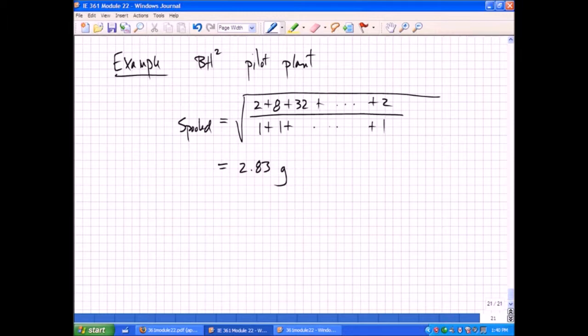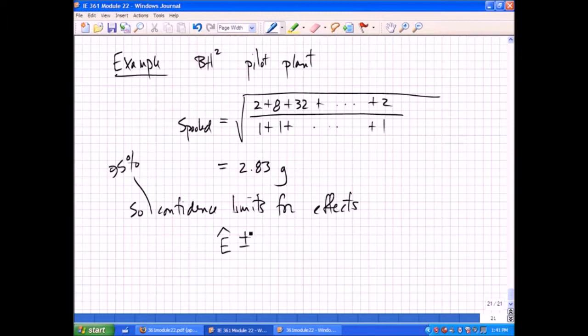That's a measure of how variable are the yields for any fixed plant setup. And then my confidence limits for effects, and I might as well make, say, 95% confidence limits for effects, are going to be the output of the Yates algorithm plus or minus a t-value times 2.83.